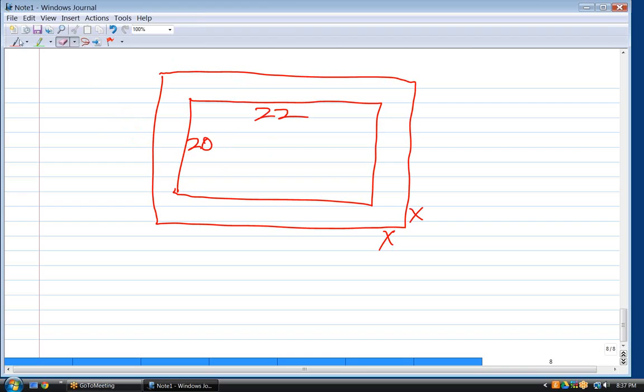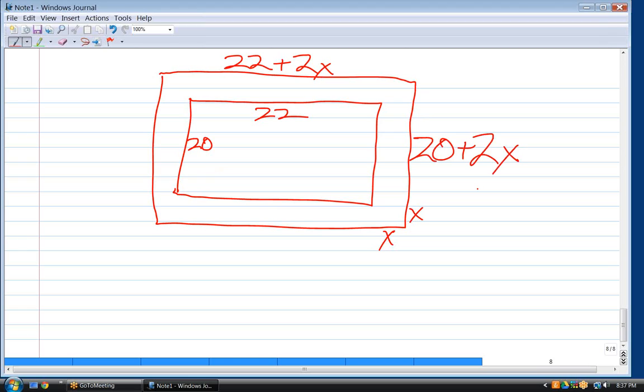Now, what are the frame dimensions? Just x, and it's the same width. It would be 22 plus 2x. Right, this is x here, and this is x here. And so what is the height of the frame? 20 plus 2x.